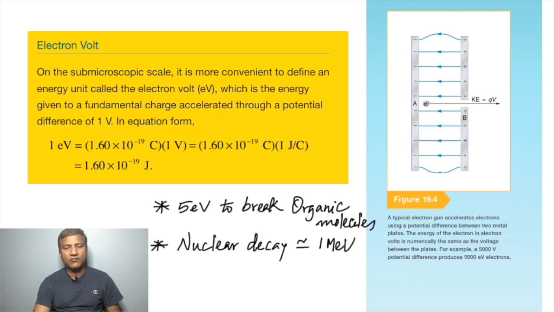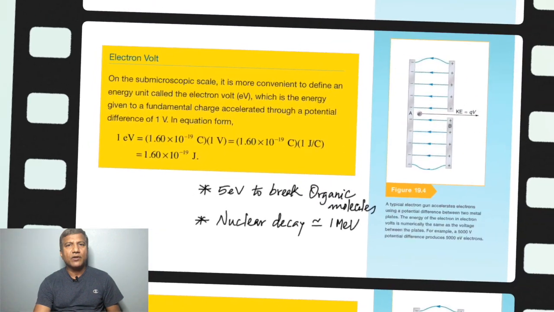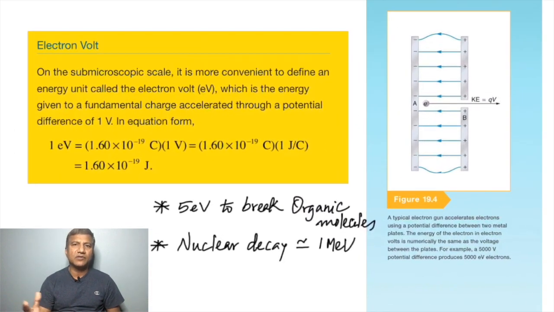And 1 electron volt is 1.6 times 10 to the negative 19 joules, because it's just the charge of the electron multiplied by 1 volt, which means 2 electron volts would be the charge of the electron multiplied by 2 volts. You got it.